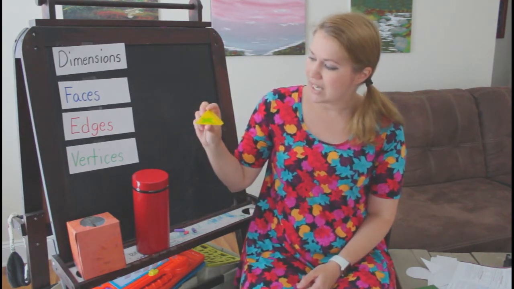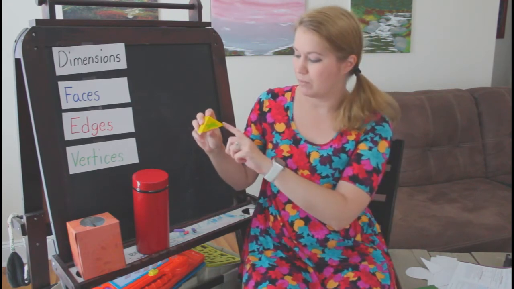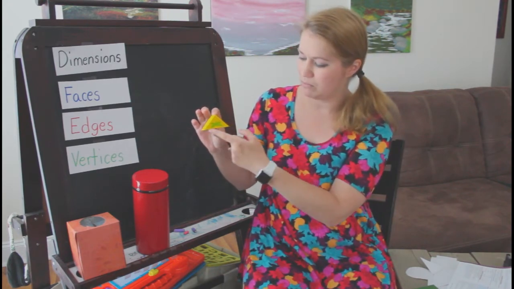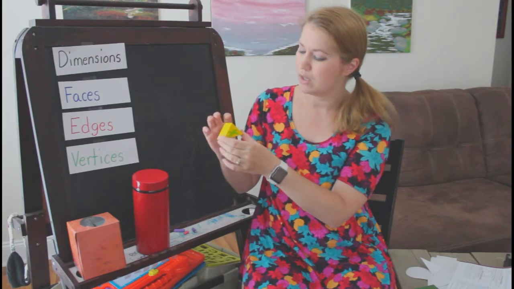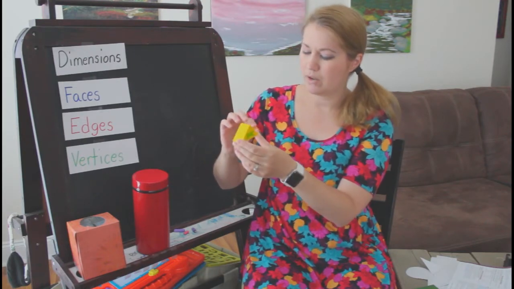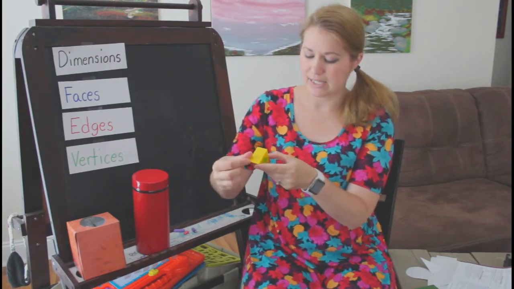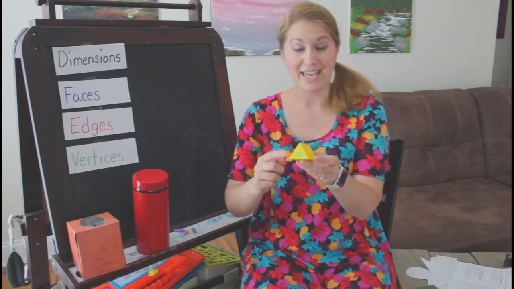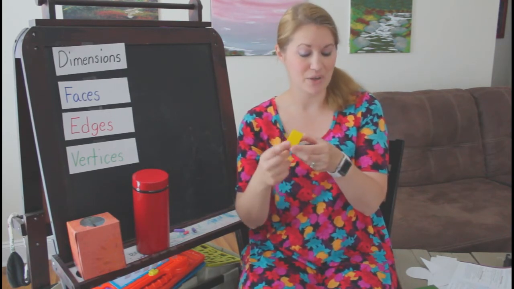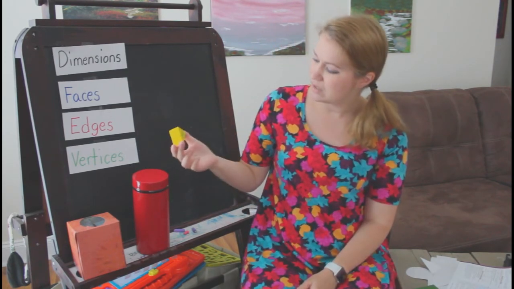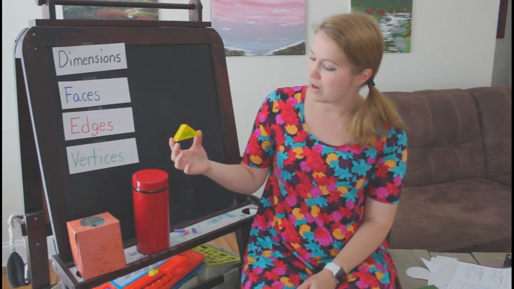Then I've got to count my edges. So we've got 1, 2, 3, 4, 5, 6, 7, 8, 9 on this one. Then we needed to count our vertices.